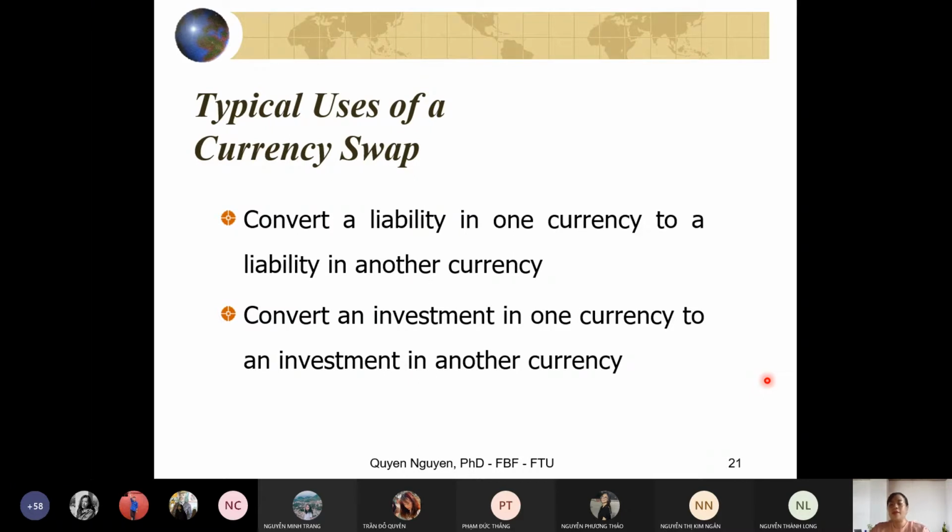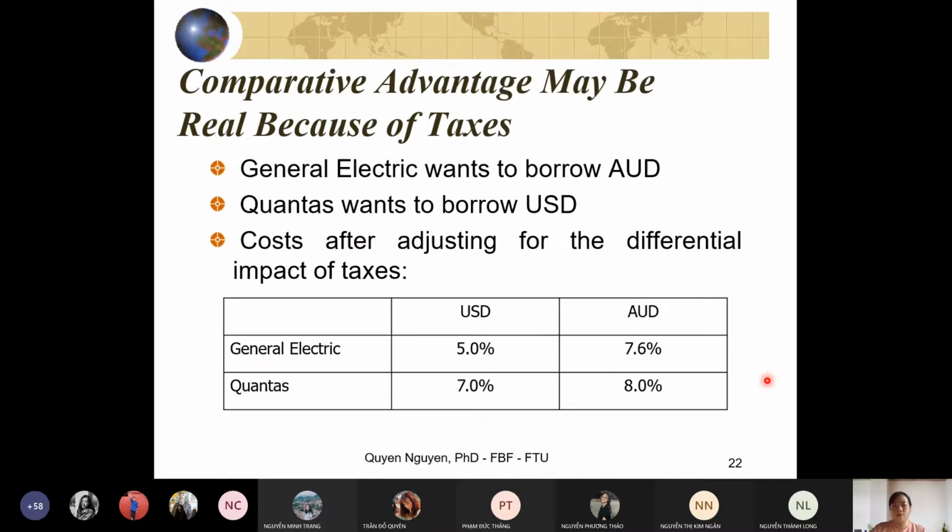So it can be a liability or it can be an investment, just like the interest rate swap. For currency swap, there may exist a comparative advantage because of probably the taxation based on the income that we would have from the exchange in cash flow, representing the difference of the exchange of the currency.